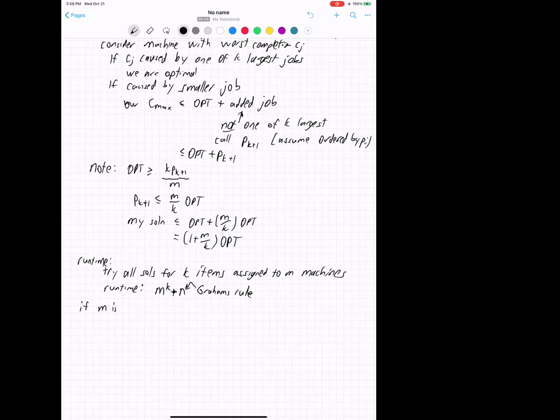Okay. So if m is a fixed constant, this is polynomial time for any k. And so what this means is that I can get arbitrarily close to the optimum while staying polynomial in my runtime. And so this gives me a polynomial approximation scheme. Now, do people see why it's not fully polynomial?